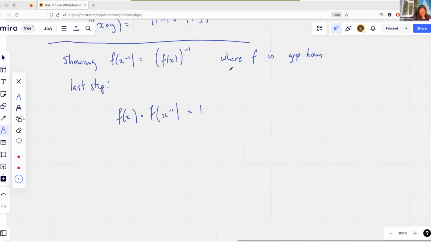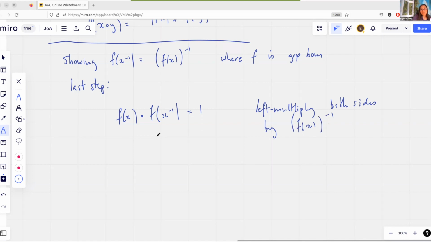And then I said we're going to left multiply both sides of this equation by f of x inverse.